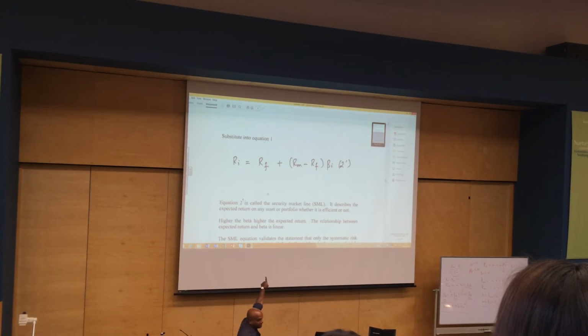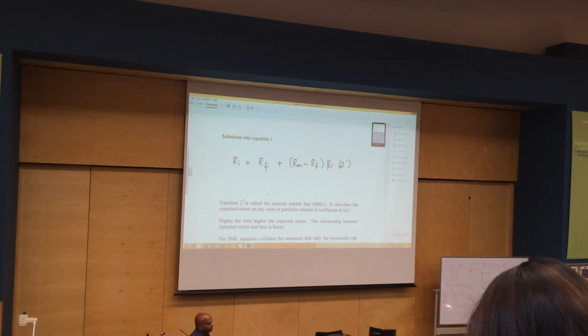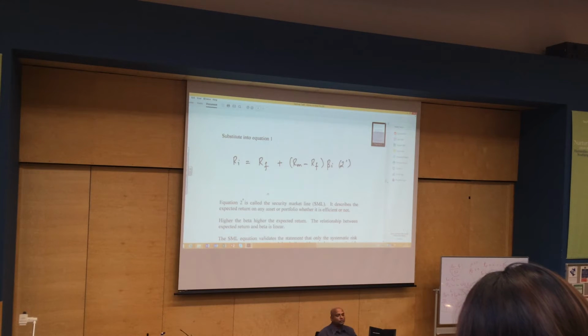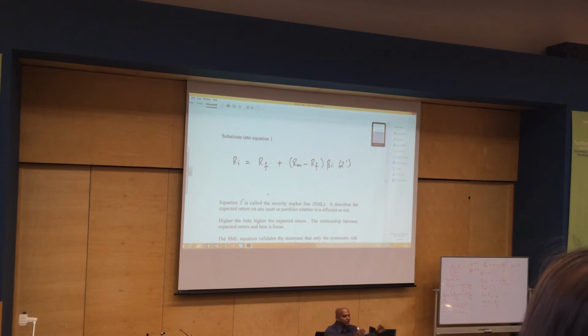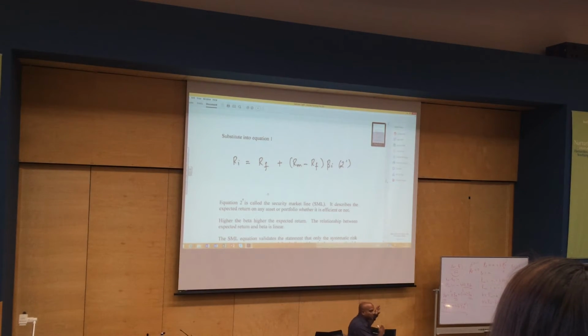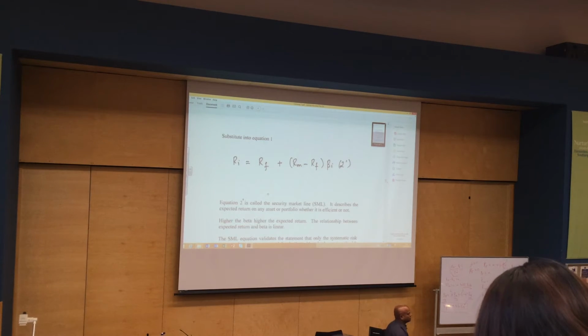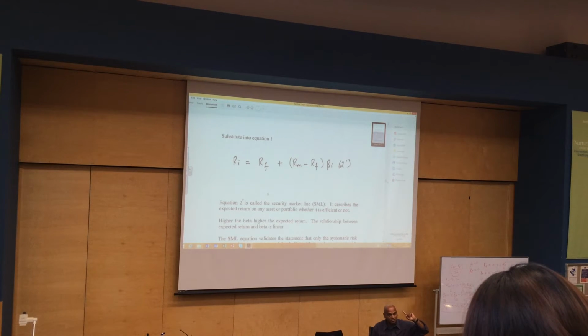A is the risk-free asset and Rm minus Rf is the slope. Equation 2 is known as the security market line. They took the capital market line and made it into the security market line. It shows the relationship between beta and return. If beta increases, return will. Why? Is A positive or negative?